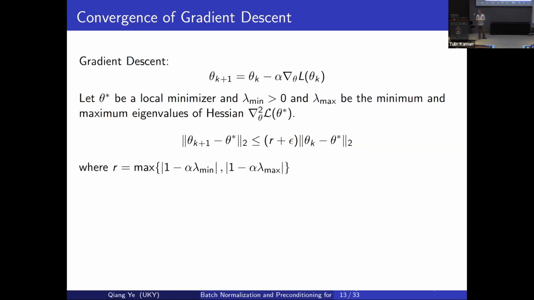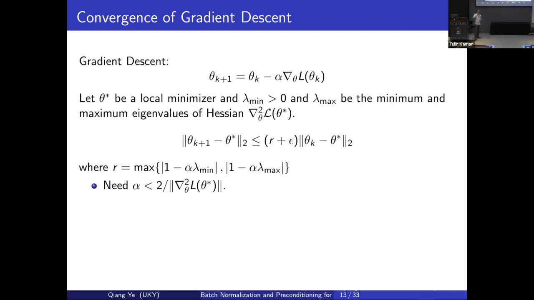I think this was in Josef's slides yesterday. Josef talked about that, and it's in his book. The error between consecutive iterates is bounded by R plus some epsilon, for arbitrarily small epsilon. And R is the maximum of |1 minus alpha lambda min| and |1 minus alpha lambda max|. In order for this to converge, you need alpha, the learning rate, to be less than 2 over lambda max, that is 2 over the norm of the Hessian.